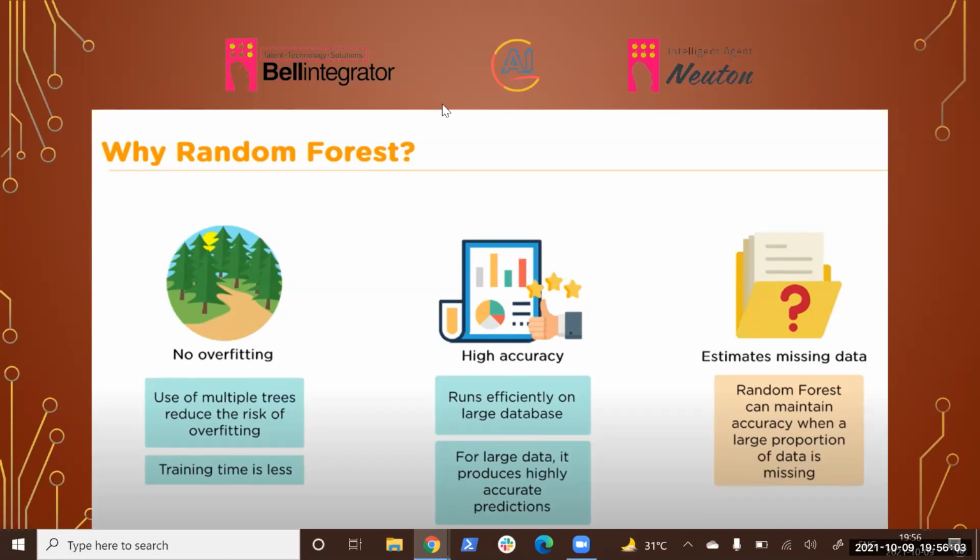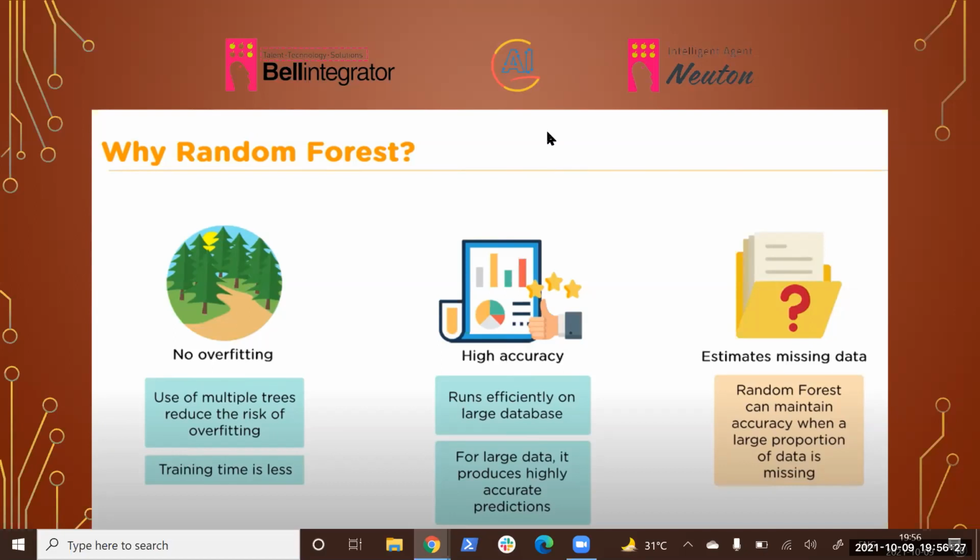Okay, moving on. Why do we use random forest? Because it has high accuracy and it runs efficiently on large databases. Random forest is good even for big data. One of the most intriguing features of random forest is that it estimates the missing data.